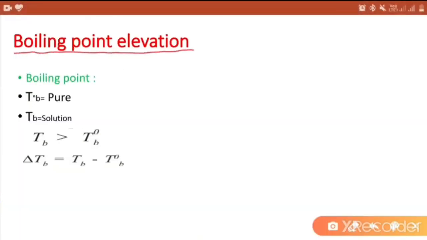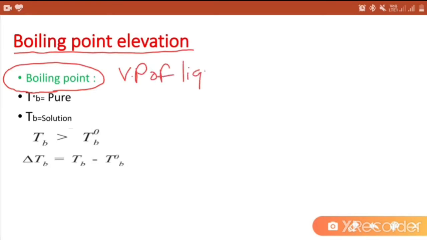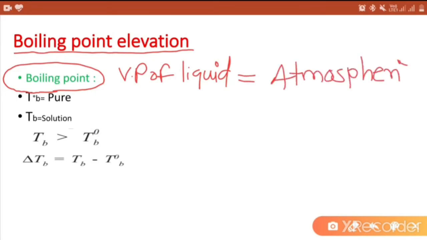Boiling point elevation. Before studying the boiling point elevation, it is necessary to know what boiling point is. Boiling point is the temperature at which the vapor pressure of a liquid is exactly equal to atmospheric pressure.